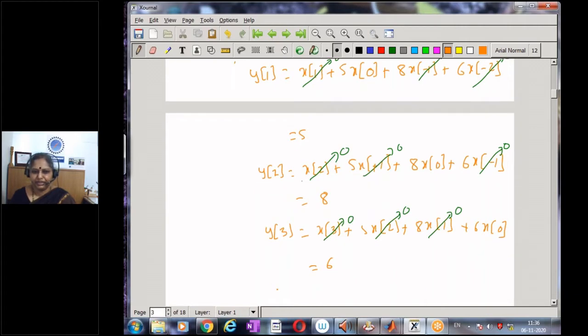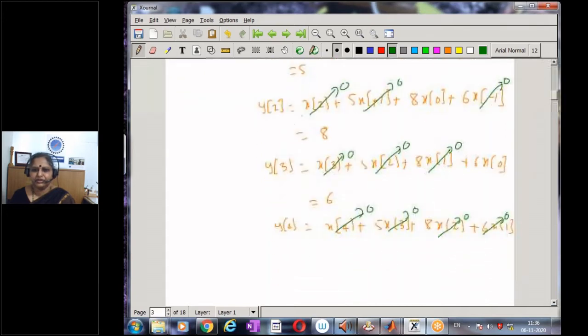And if I compute y4, y4 will be x4 plus 5 x3 plus 8 x2 plus 6 x1, and all of them are 0, and for any other value I'm going to get a 0.